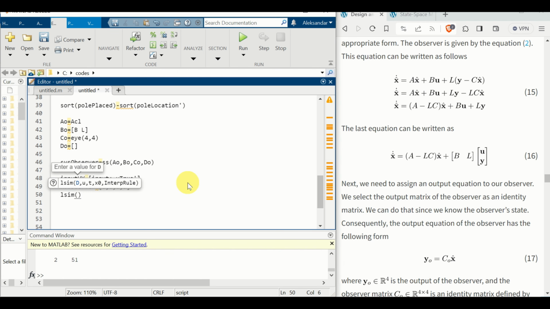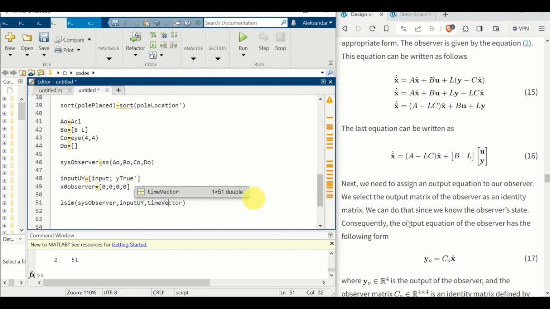And over here, the first input is our state space model. Then the second input argument is our control input. Here it is, and let's do this. Then the third input argument is time vector for simulation. That's the same vector that we used to simulate our original system. And the last input argument of LSIM is the initial state of the observer.